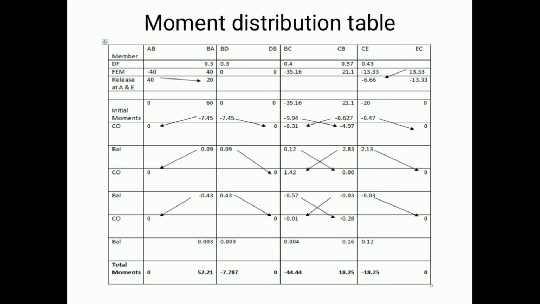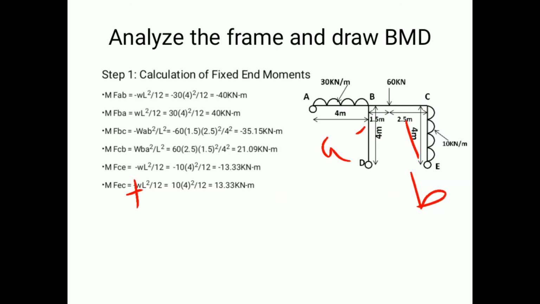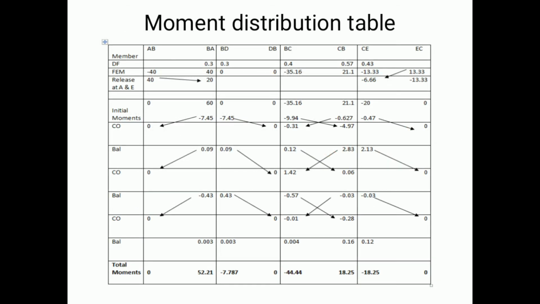Now you can just observe in the diagram here. In this sketch, A, D, and E are the roller supports.